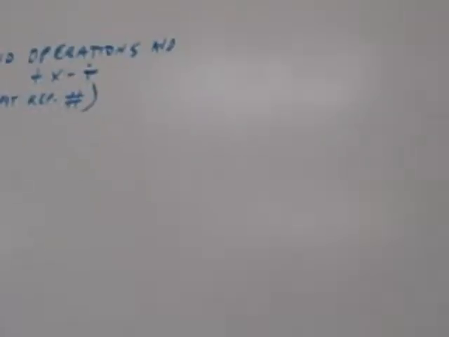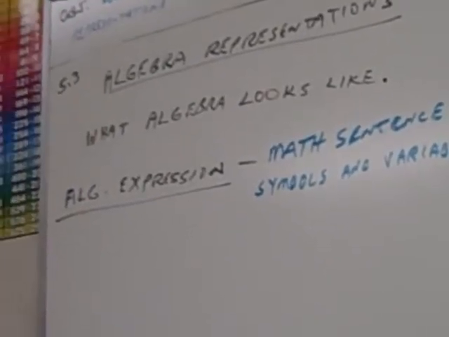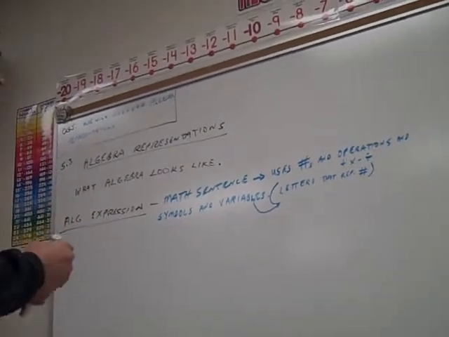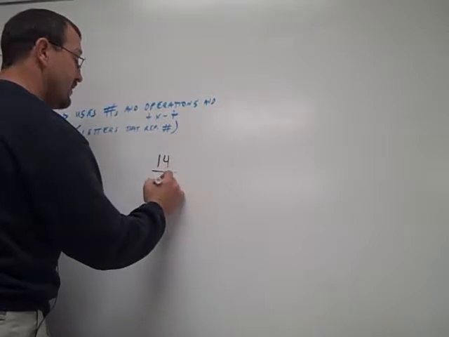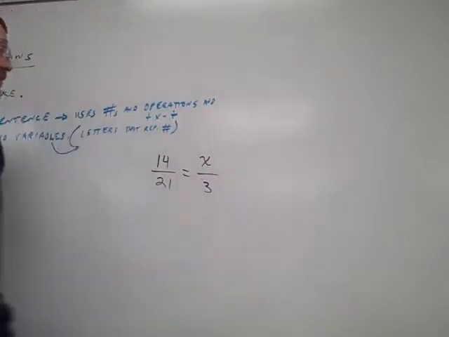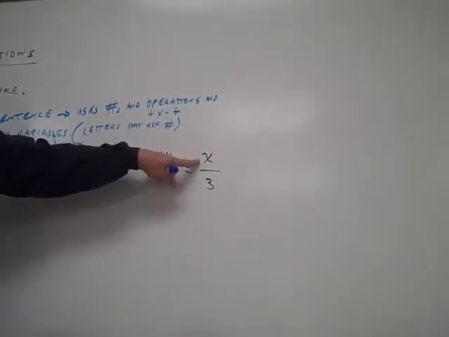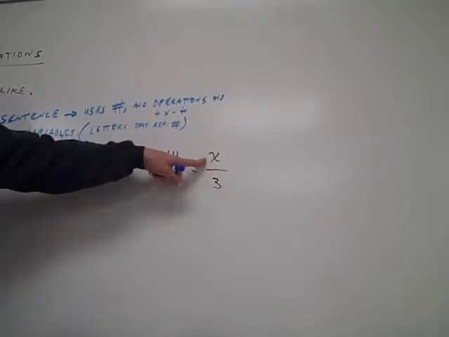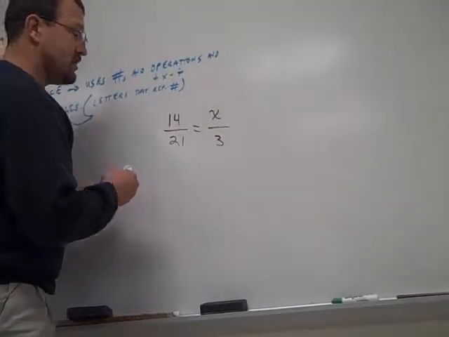Letters that represent numbers. We've had them before already. We've had X, right? And we found out what X was. It happened to be in a proportion, didn't it? Do you remember that? That was a variable. It represents a missing number. And we found out what the X was.